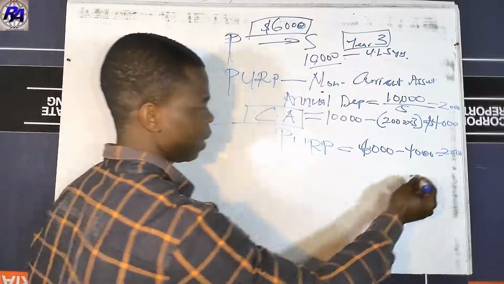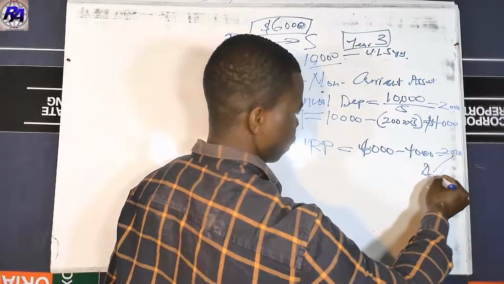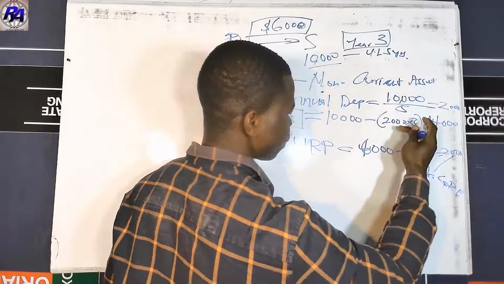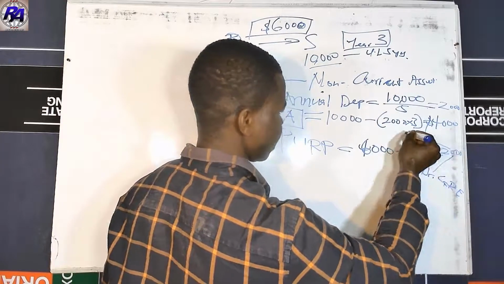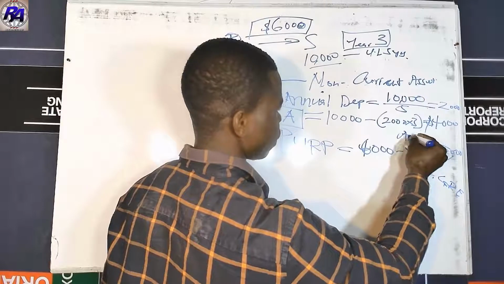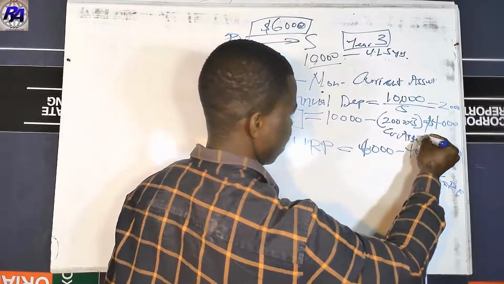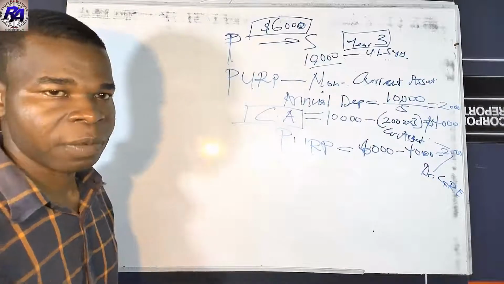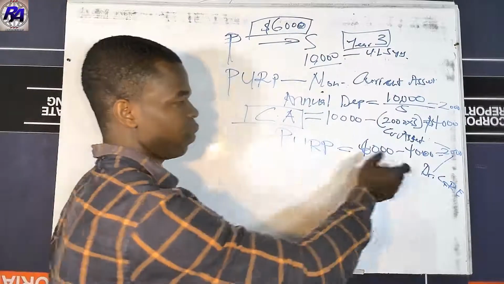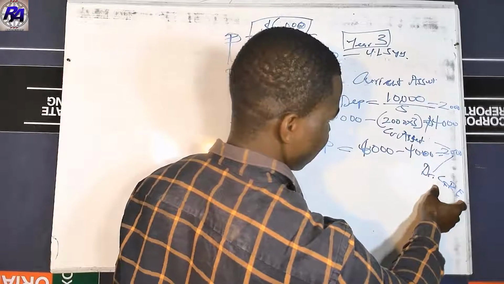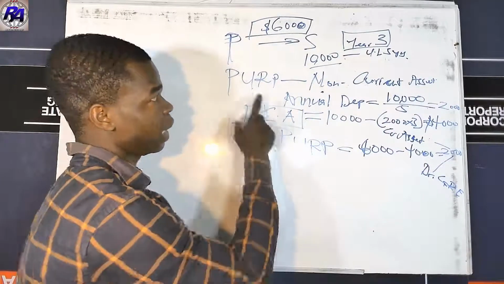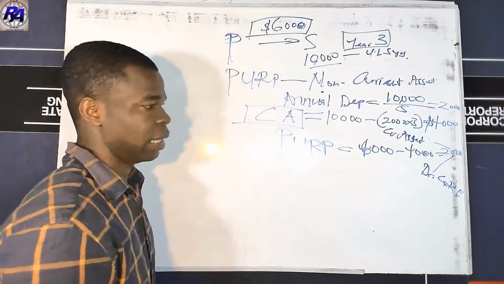So immediately remember that you debit your group retained earnings, and then you credit your asset account, the asset that you sold, with this amount. Remember, if the parent is making the sale, then the parent bears all the unrealized profit. But if it is the subsidiary, we share this amount between the parent and the NCI.